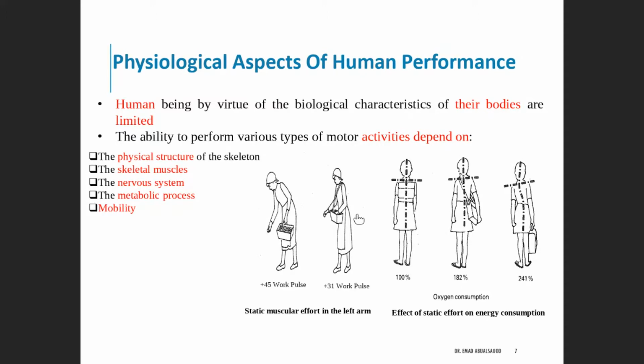The ability to perform various types of motor activities, meaning tasks that need movement of the body, depends on physical structure. This will be the ability to perform, meaning the capability to do work in this way.